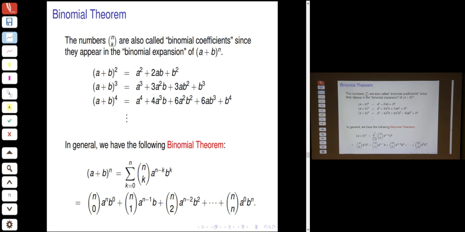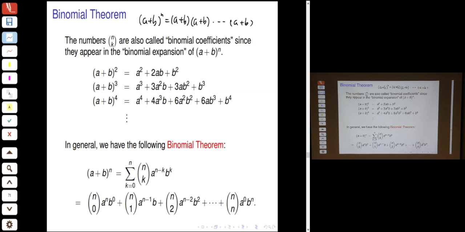So let's assume the term is a to the n minus k times b to the k, for some k. How many ways can I get this term? Well, a plus b to the power of n is a plus b, dot dot dot, a plus b, n copies of a plus b.